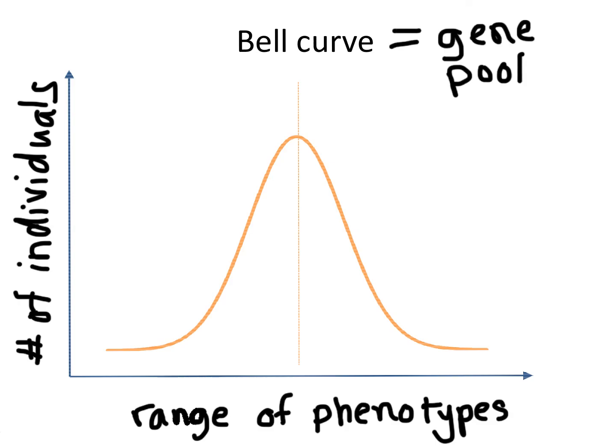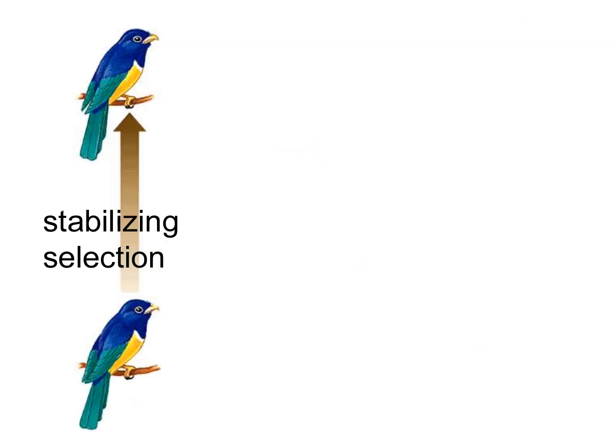And in evolution, populations change. And that means that the bell curve must change too. In what ways can this bell curve change? Well, it depends on the sort of changes that are occurring in the population. And there are several types of selection that can lead to different kinds of changes. For instance, if you have a population that is staying the same over time, it is experiencing stabilizing selection.